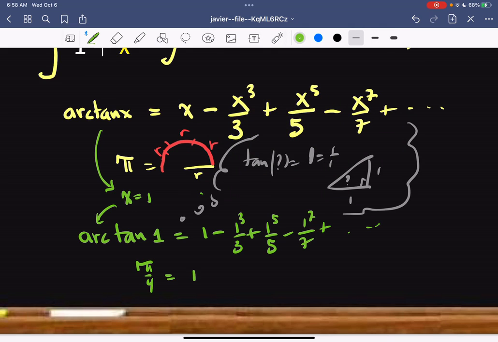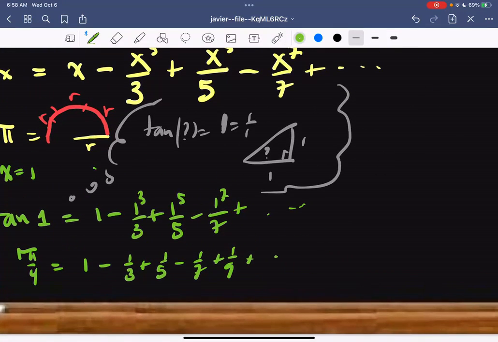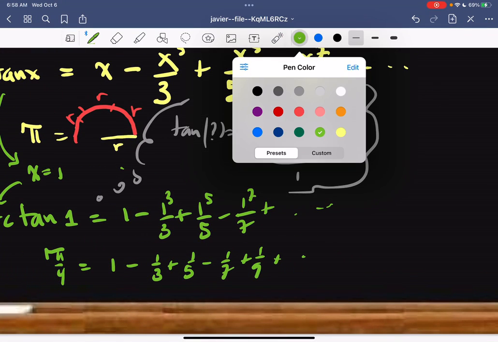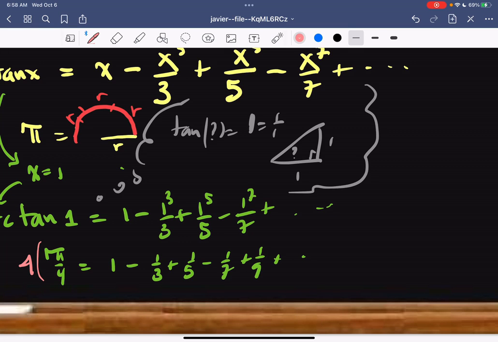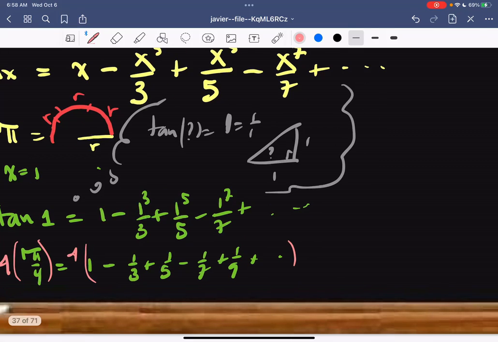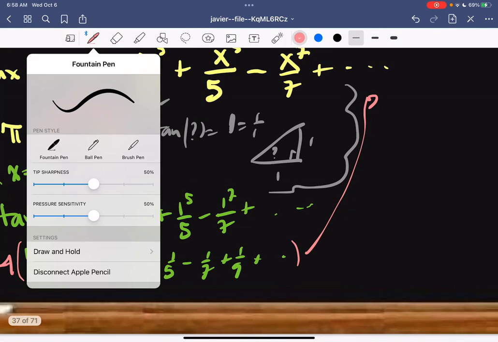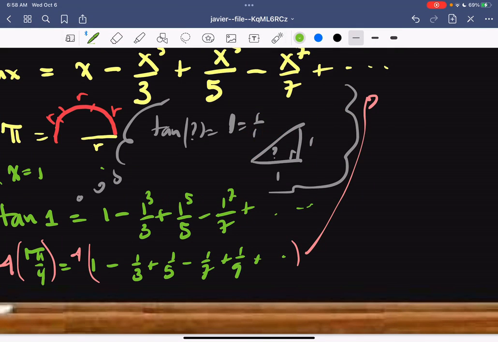Pi over 4 is equal to 1 minus 1 over 3 plus 1 over 5 minus 1 over 7 plus 1 over 9, dot, dot, dot. And so by multiplying both sides of this equation by 4, that gives me this incredible statement that says something about pi, the constant that has fascinated civilizations since the beginning of humans.